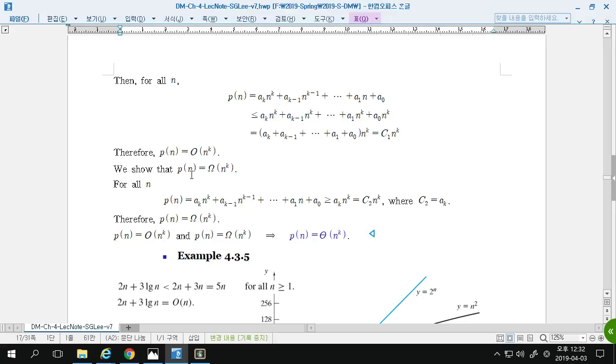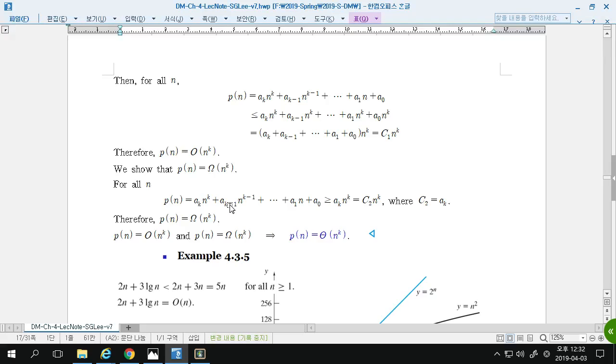Next, show the omega. So the left-hand side is omega of n to the k. The left-hand side is always bigger than a_k times n to the k.